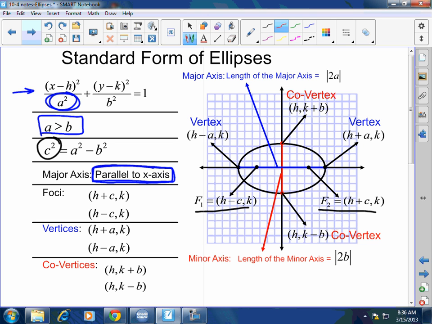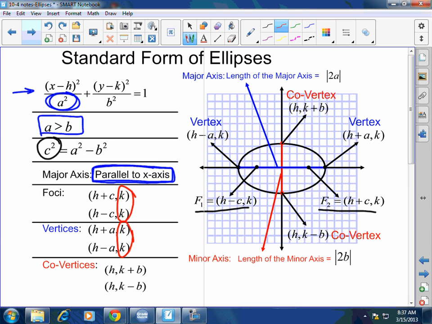Let me give you some patterns that hopefully will help you notice. Do you guys remember that in the parabola, when the h of the focus and the h of the vertex were the same, that was an x squared? And remember how when the k of the vertex and the k of the focus were the same, that was a y squared? Well, here, guys, it's reversed. When the k of the foci is the same as the k of the vertex, you have an x squared.